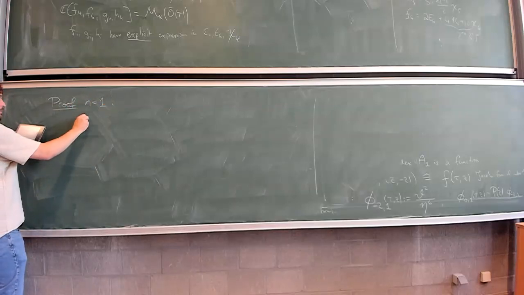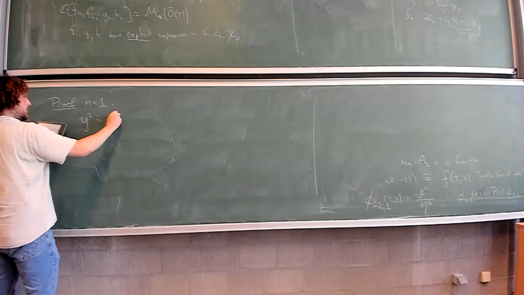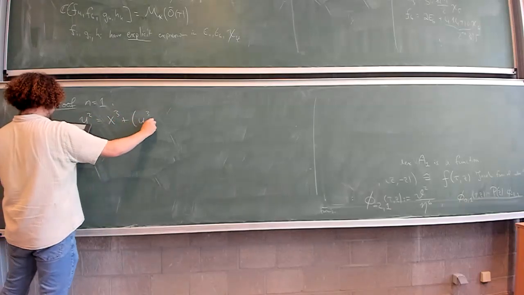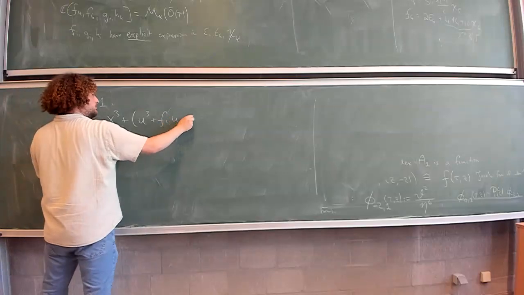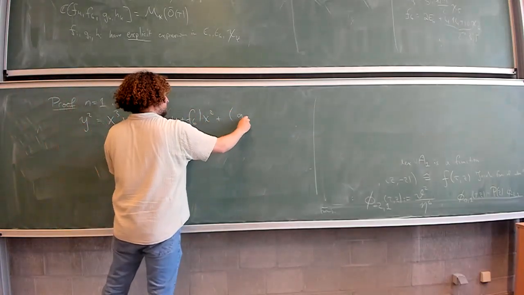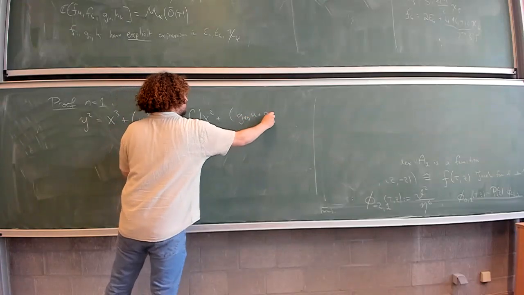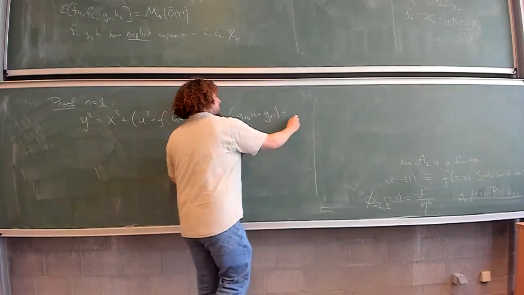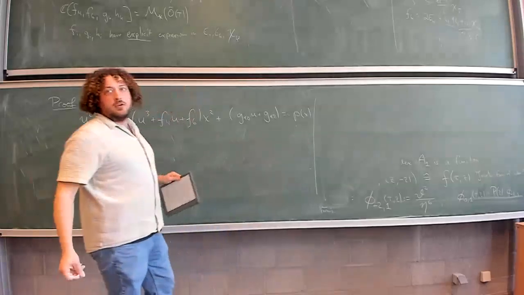What does our argument look like here? We have the following equation. We call this P of x.